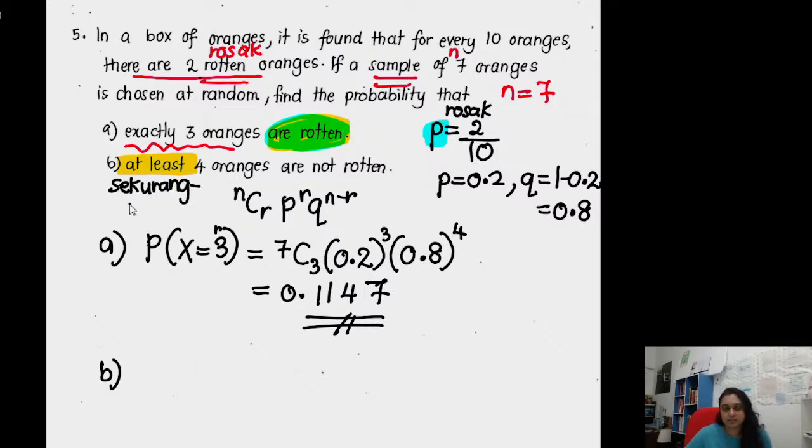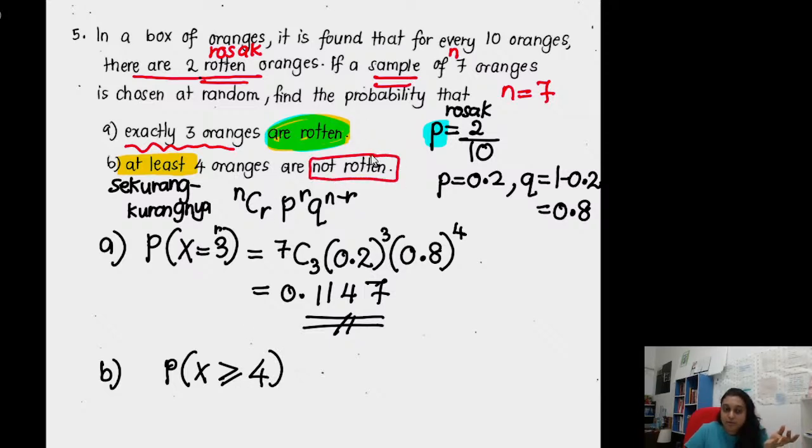Sekurang-kurangnya. At least. At least means lebih besar and sama dengan. More than and equals to is at least. At least 4 oranges are not rotten. Not means tak rosak. That means it's baik. It's good ones.